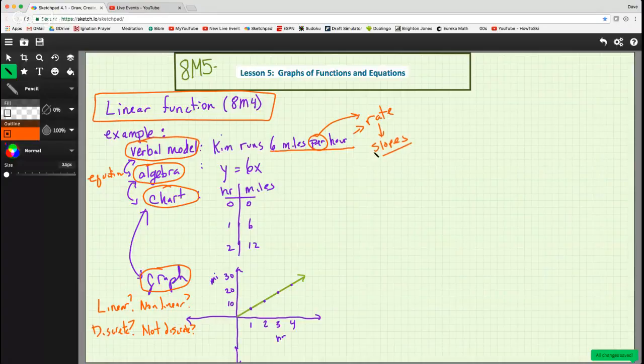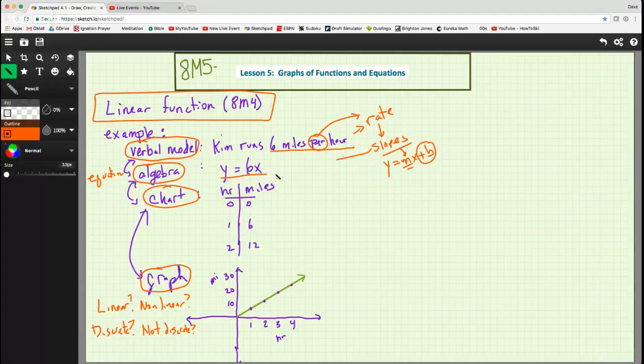And in a linear equation, y equals mx plus b, the slope is the x coefficient. So we have y equals 6x. Our b is our starting point. Well, if Kim runs 6 miles per hour and she starts at her house, she hasn't gone anywhere. So that b is 0, so we just don't write it. That's how we get from our verbal model to our equation.